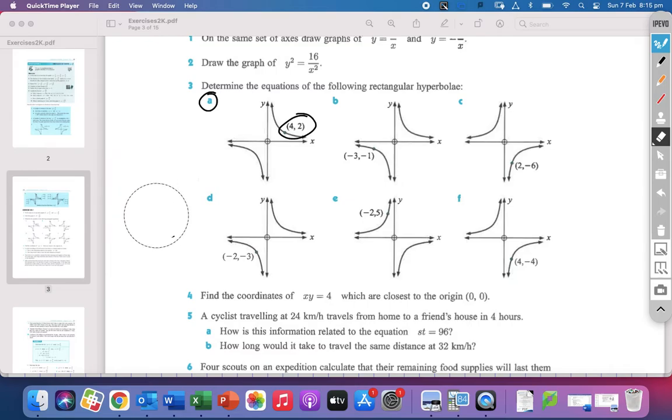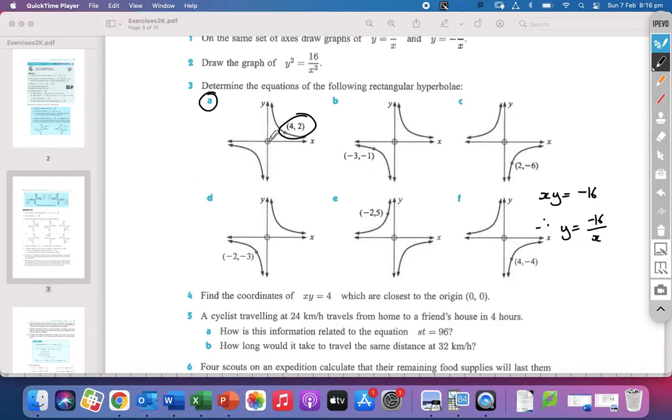If we maybe just look at one more of those, what about this one here? We would have x times y equals minus 16. Therefore, I'll write the equation y equals minus 16 on x.